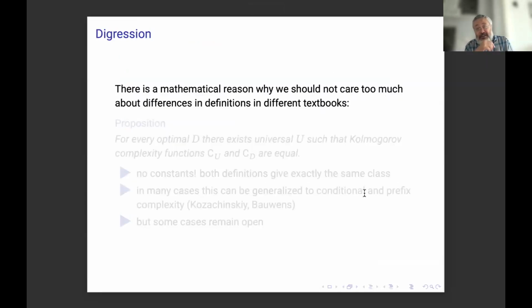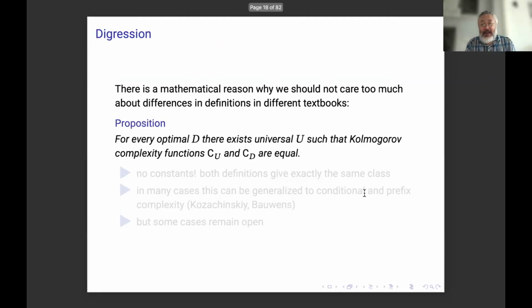And there is a mathematical reason. It's a simple fact, but still, I think it's worth mentioning because there is some kind of unclear situation about what definition we really should use. If we are interested only in the complexity function, then we don't care.